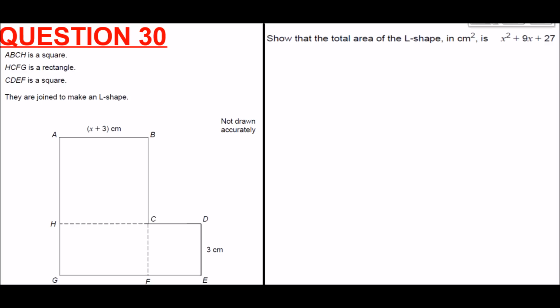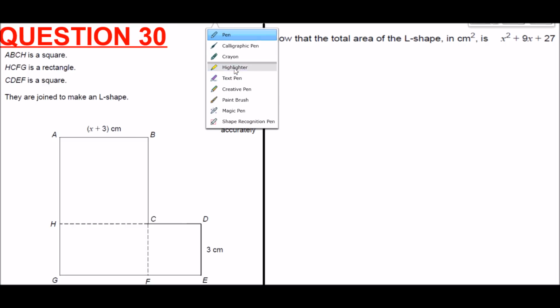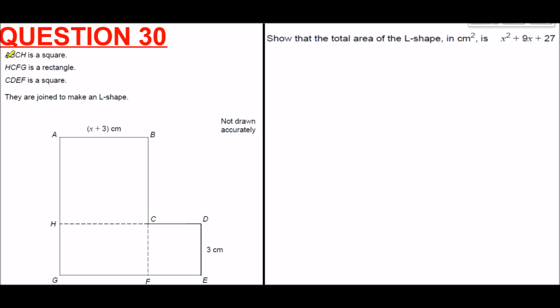Here we are, the very last question, and suitably it's quite the beast. So let's read it carefully. ABCH is a square. And so what does it mean by ABCH? It means the shape that goes from A to B to C to H. And so I'm just going to colour in yellow what ABCH is.